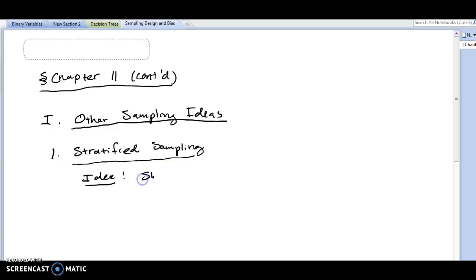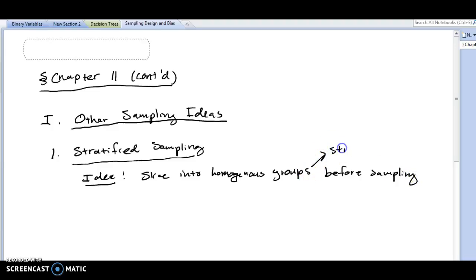So slice populations into homogeneous groups and then sample from them. Sometimes we call these groups the strata. Strata is just the plural of stratum, the singular.